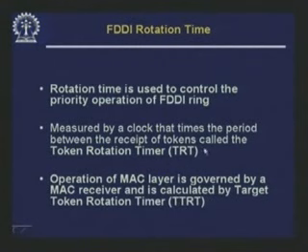By comparing TRT with TTRT, we can find out how loaded the system is, and depending on how loaded it is, if we have synchronous traffic going through this FDDI ring, then the synchronous traffic will have to be given the first priority, and the asynchronous traffic, that is some lower priority data traffic, will be put on the ring or will not be put on the ring depending on how loaded it is. This is how it is calculated.